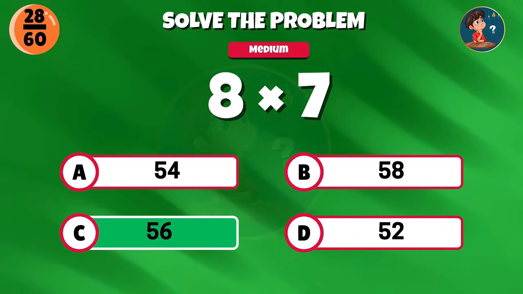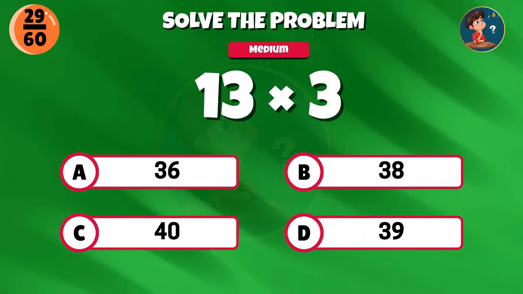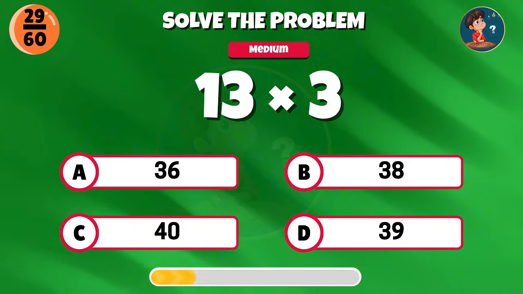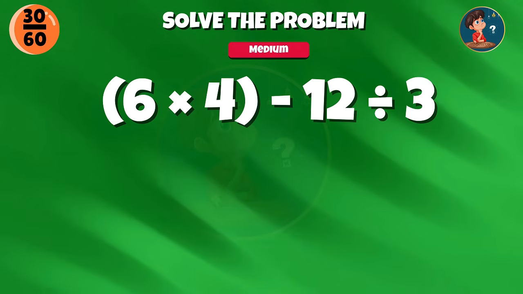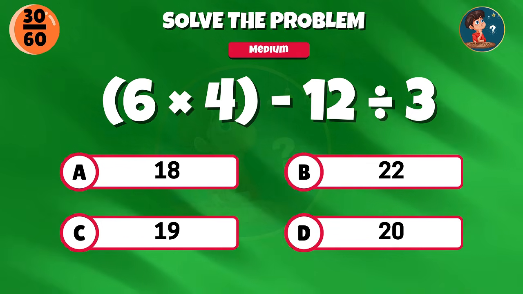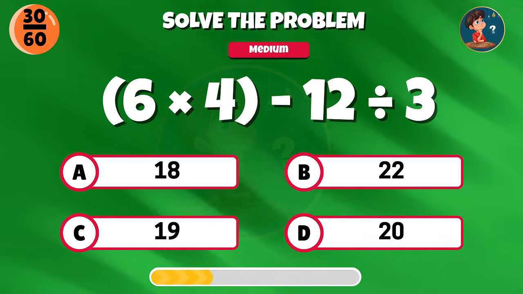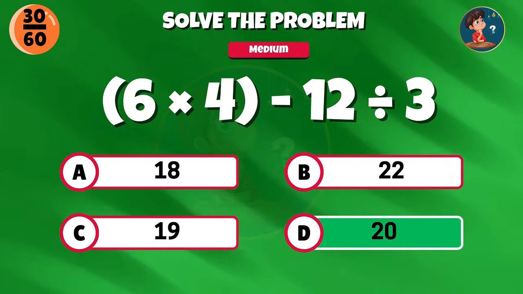You got it, 56. 13 times 3, what do you get? Correct, 39. 6 times 4 minus 12 divided by 3 equals? Awesome, you get 20.